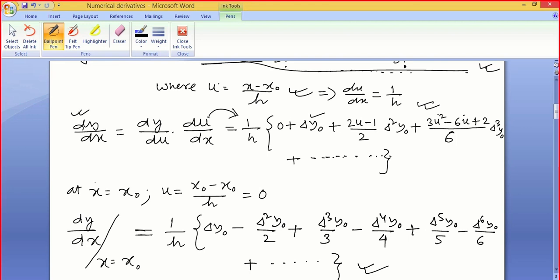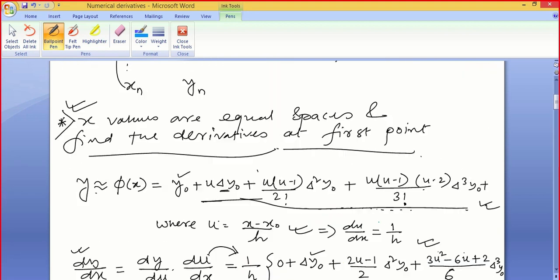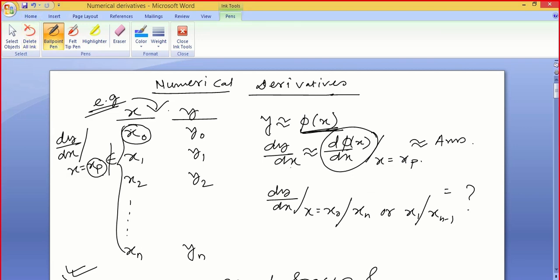Now you just tell me these values: del y0, del square y0, del cube y0, del 4 y0, del 5 y0. These values are in the difference table. Where are these values lying in the difference table? If you calculate the difference table of these given data sets, in the first difference column, the first difference value is del y0.